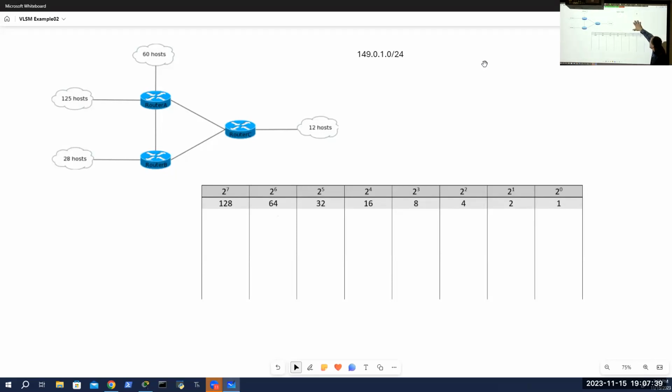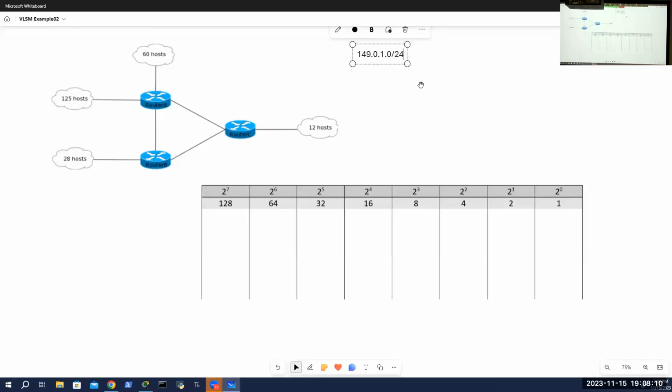Don't worry about the subnet mask too much. Just put your bits down when you subnet the first time. Let's say what that first subnet is going to look like. What's the first prefix value we're going to come up with to accommodate 125 hosts? What's that first prefix?